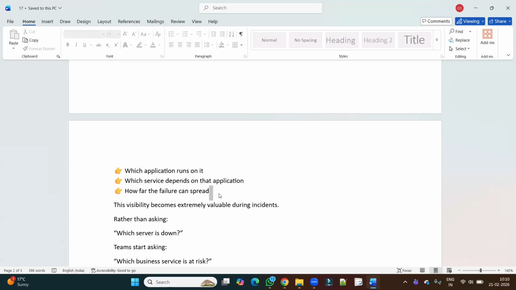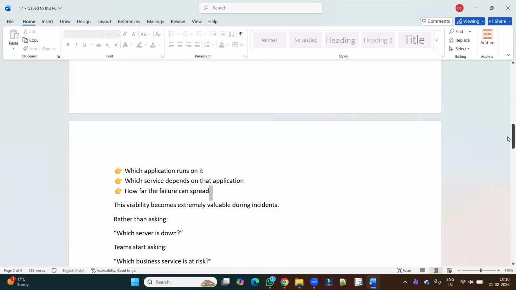You can easily understand what the impact will be going forward because you have everything in front of you. Suppose the issue is only in London, but by looking at the CI details and the business service as a picture, you can easily see whether that impact will reach throughout Europe or not. All this is possible because of service mapping only.